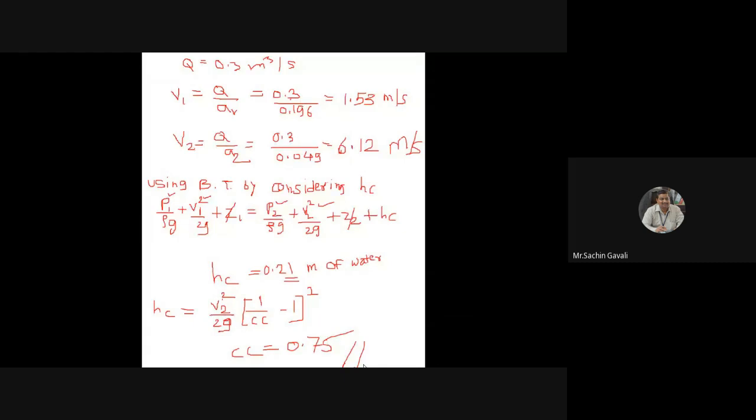So we'll proceed with this. I think everybody understood. We'll go to the losses numerical. We have to complete it today only, otherwise it's taking a lot of time. Shall we proceed?